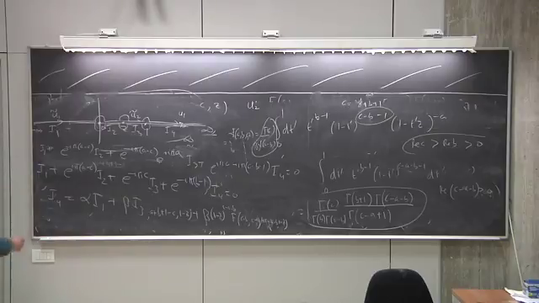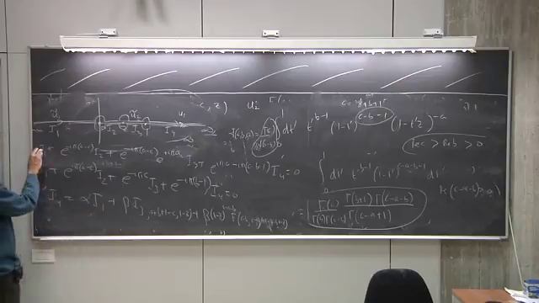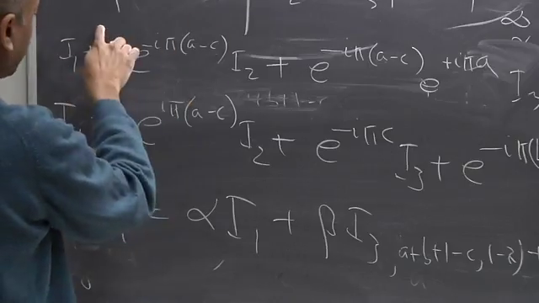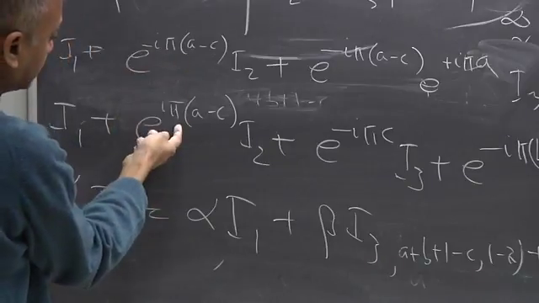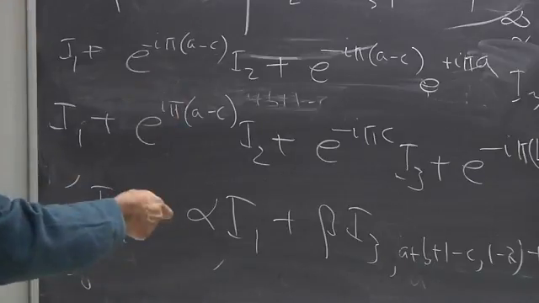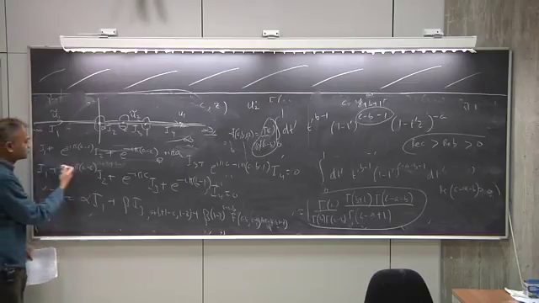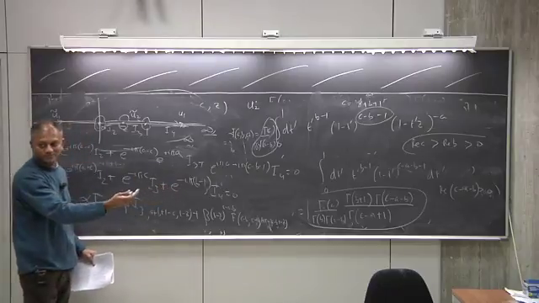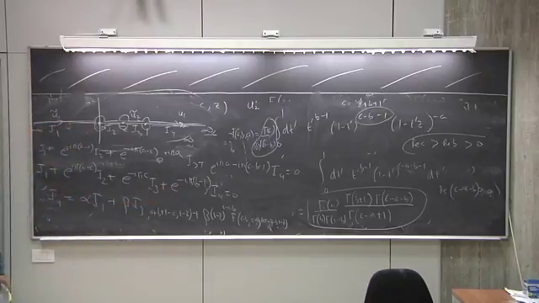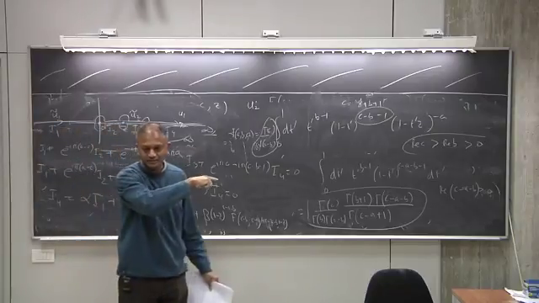Well, all I need to do is eliminate I2, because I don't want I2 here. So just take this equation, multiply by this phase, opposite, multiply this equation by this phase, and subtract. So I2 will disappear, okay? And then you'll get an equation which involves only I1, I3, and I4. You can use that to solve for I4 in terms of I1 and I3, right? So this is another way of getting those constants alpha and beta, no?